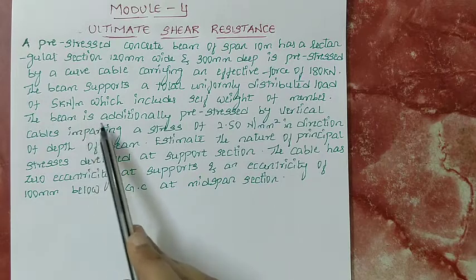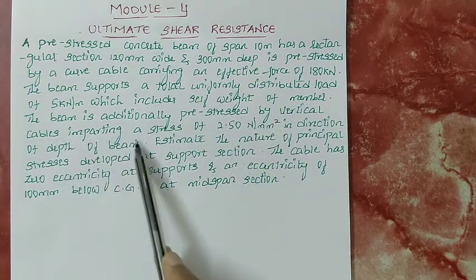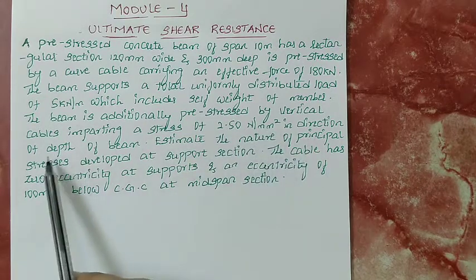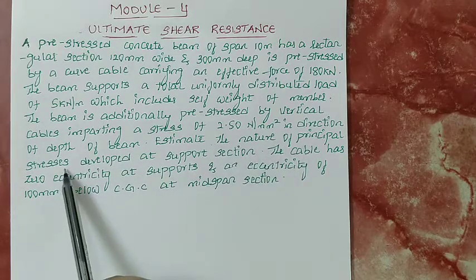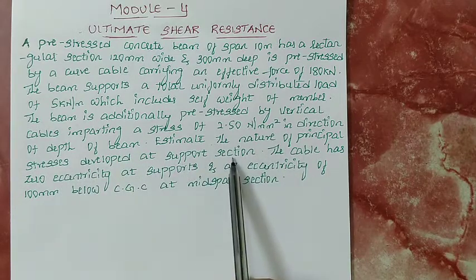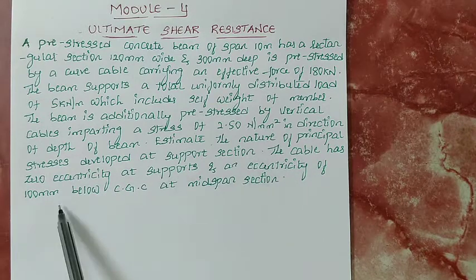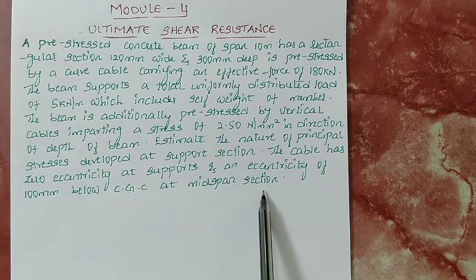The beam is additionally pre-stressed by vertical cable imparting a stress of 2.50 Newton per mm square in direction of depth of beam. Estimate the nature of principal stresses developed at support section. The cable has zero eccentricity at support and an eccentricity of 100 mm below CGC at midspan section.